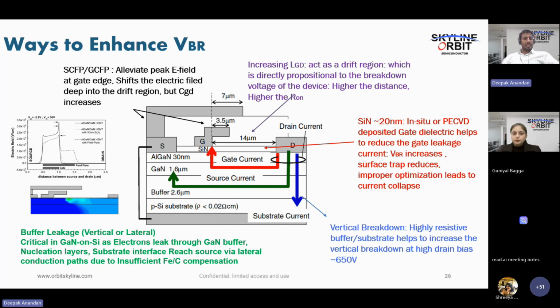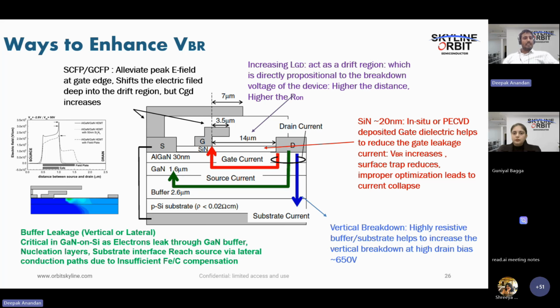So what happens? The electric field will be very high at the gate interface towards the drift region. So this peak electric field is the main cause of early breakdown, so you need to move it towards the drift region. If you extend the field plate towards the drift region, this field will be distributed towards the drain, so that your breakdown voltage will increase.